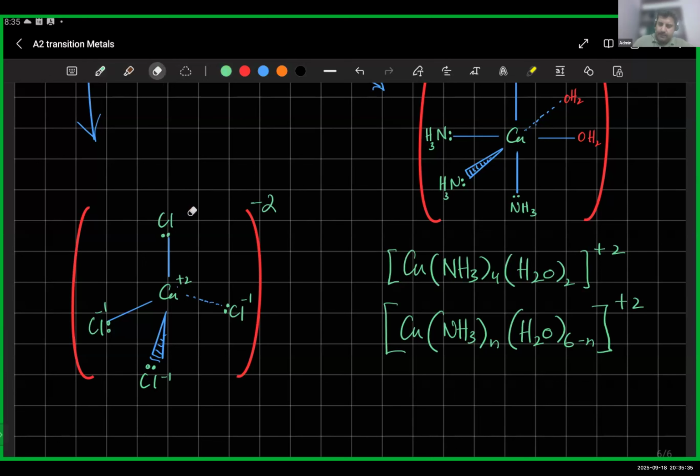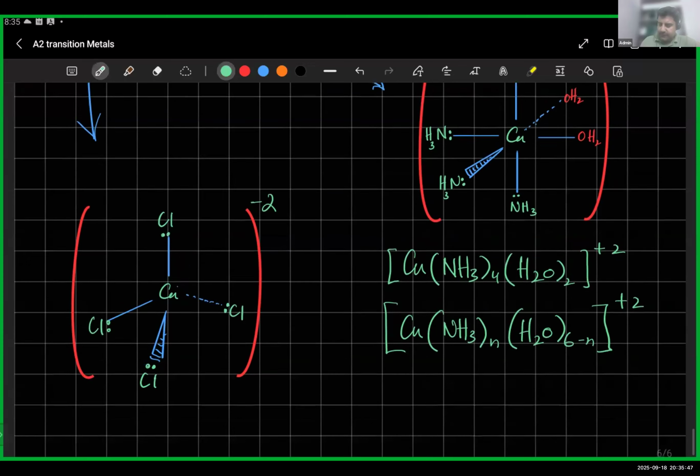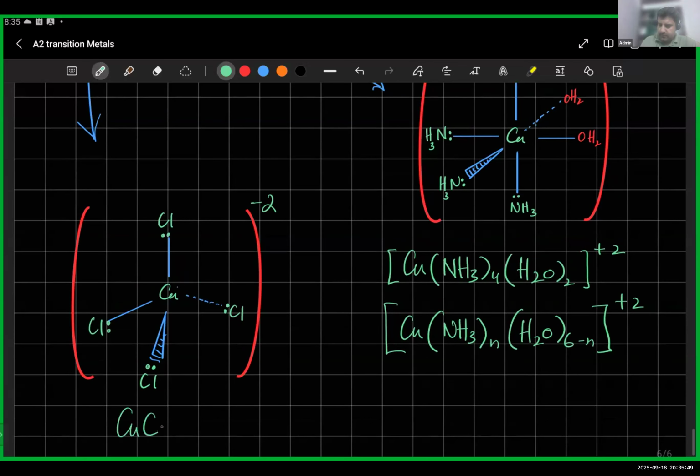You don't write the individual charges, because all the charges get added up, so the whole thing has an overall charge. This would be CuCl4 2 minus, and its name would be tetrachlorocopper(II) complex.